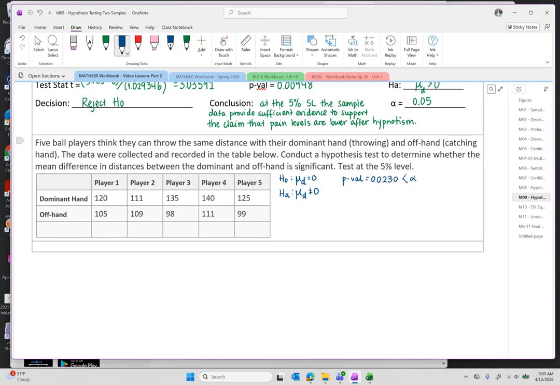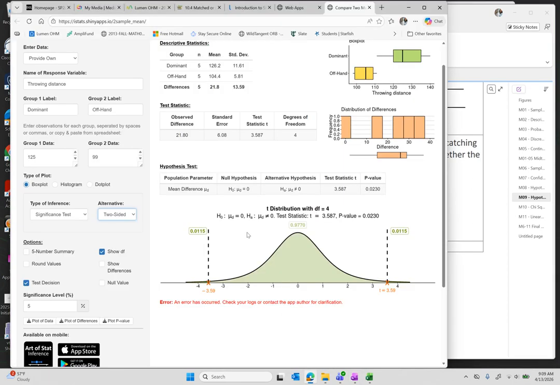Because of this, I will reject the null hypothesis, and I have enough evidence to support the alternative hypothesis that there is a difference between the dominant and the offhand, which is significant.